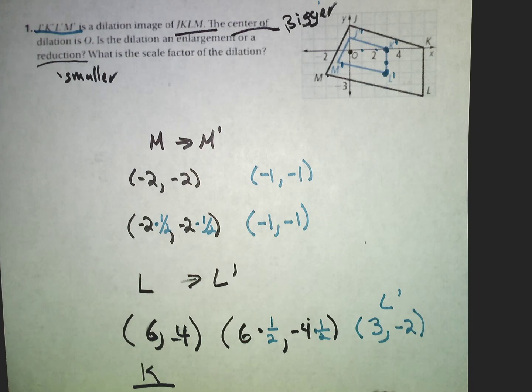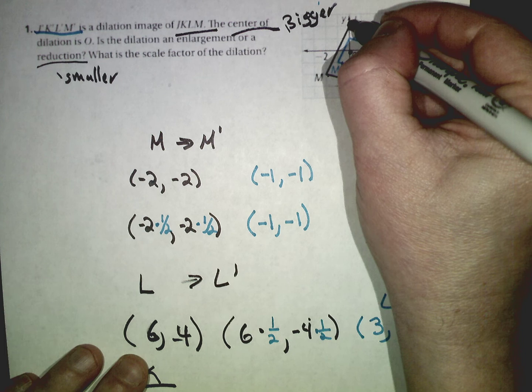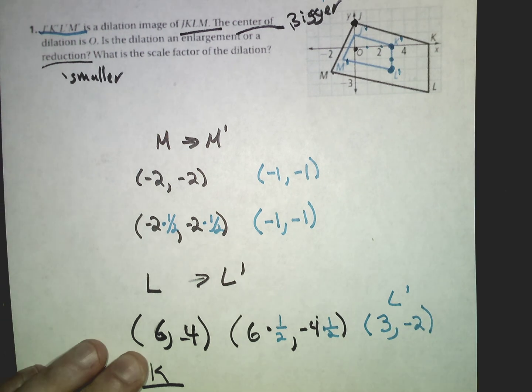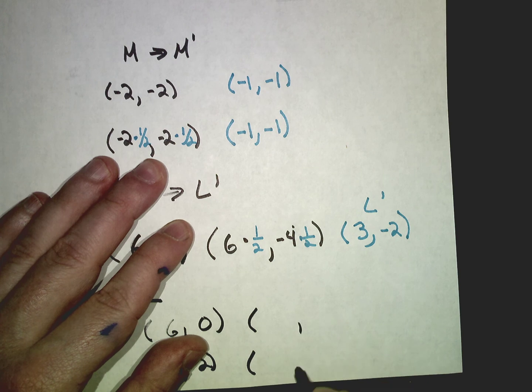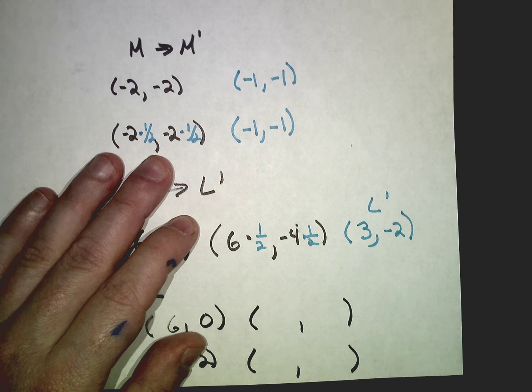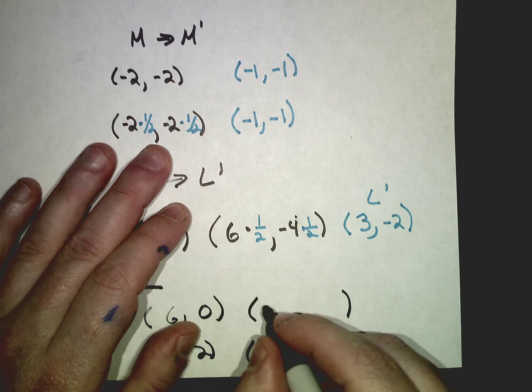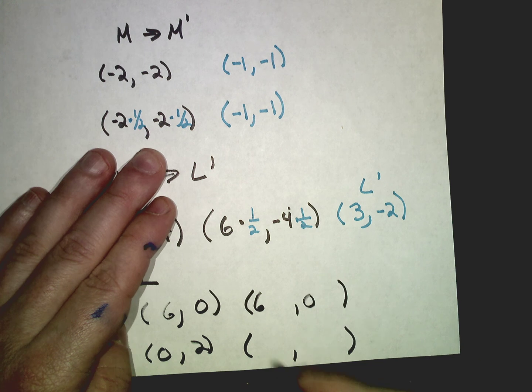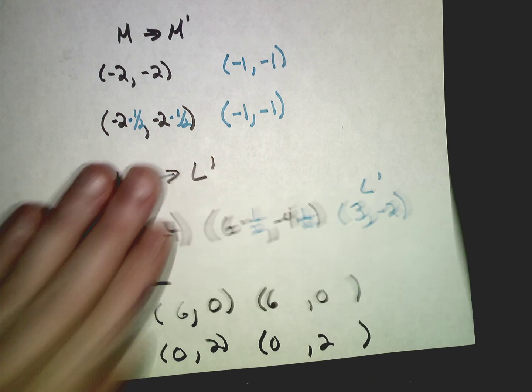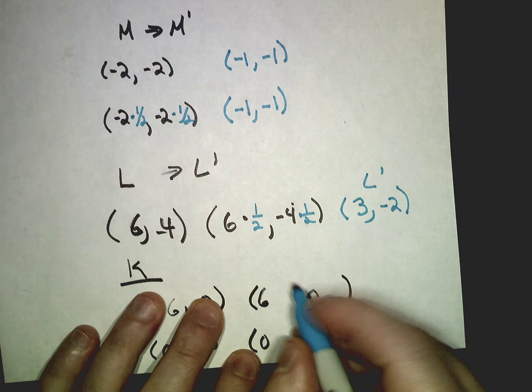And J, this big J over here, is 0, comma 2. I take all those numbers and multiply them all by 1/2.